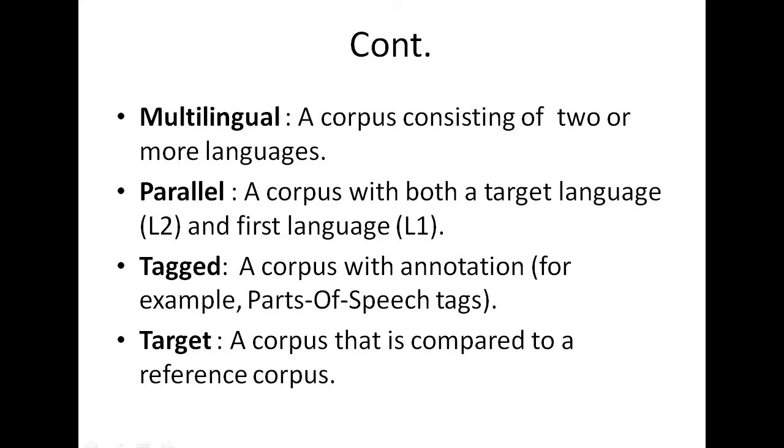We have already studied the reference or general corpus, and, for example, the general or reference corpus may be the British National Corpus, BNC, and we want to compare Pakistani English variety with the British English. So the Pakistani English corpus that we would collect, that would be the target corpus, and it would be compared with the reference or general corpus of BNC.